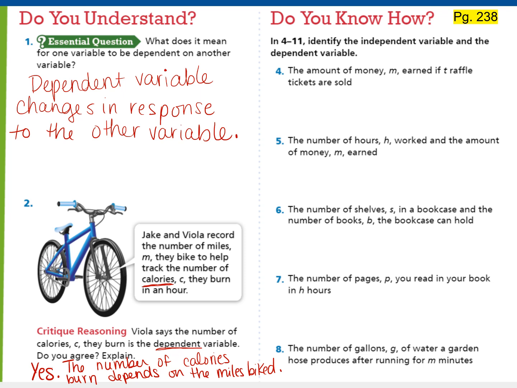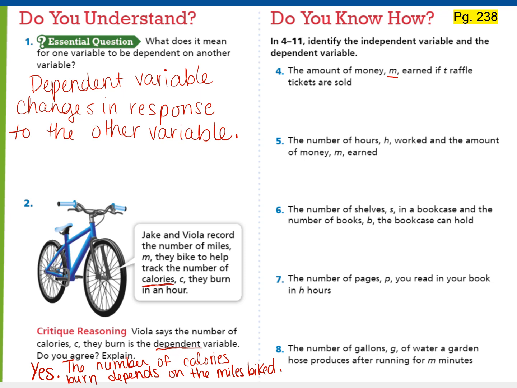Okay, let's skip to number 4. On 4 through 11, it has you writing down which variable is your independent and which variable is the dependent. So looking at number 4, the amount of money M earned if T raffle tickets are sold. Which one is depending on the other?